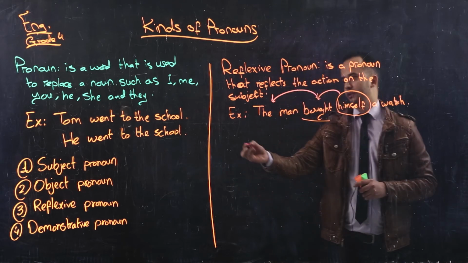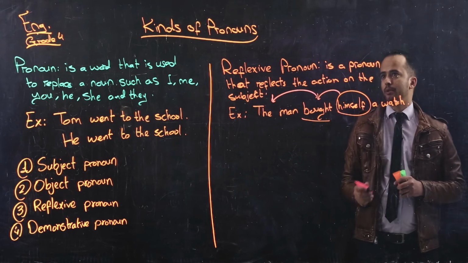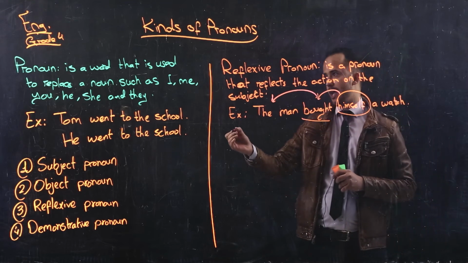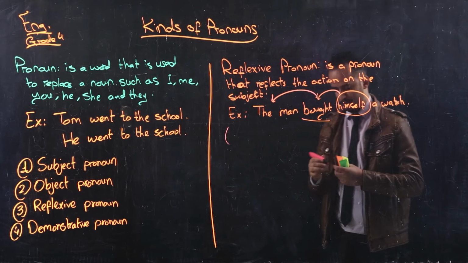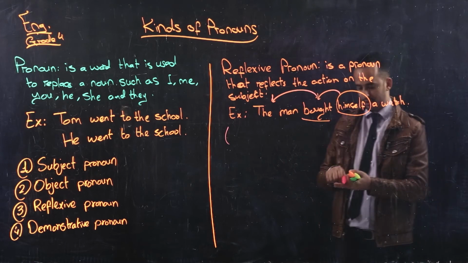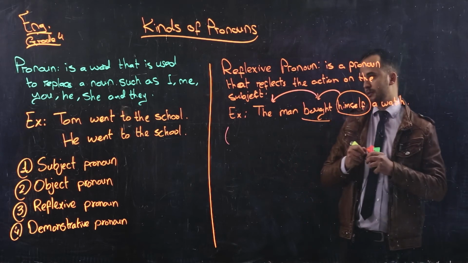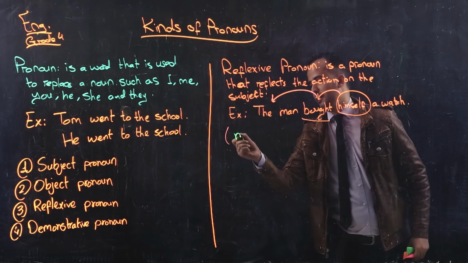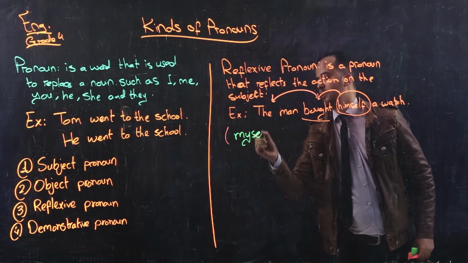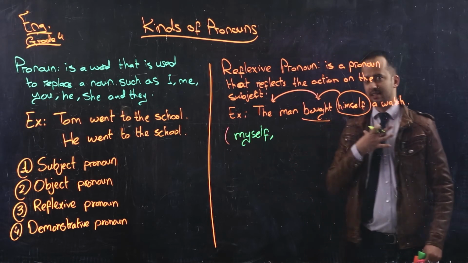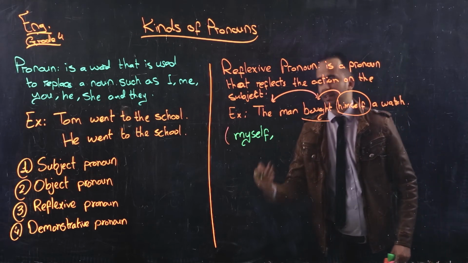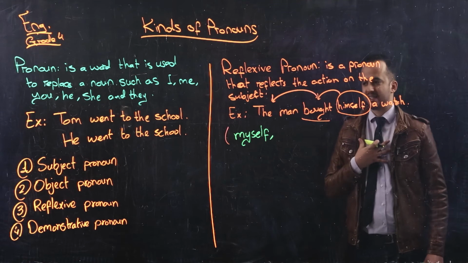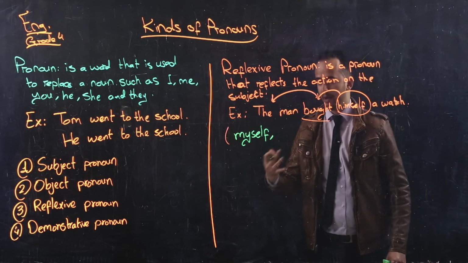Great. So which reflexive pronouns can we use in English? We have different kinds of reflexive pronouns. Let's take a look at them. For example, we use myself when I talk about myself. I studied English by myself.